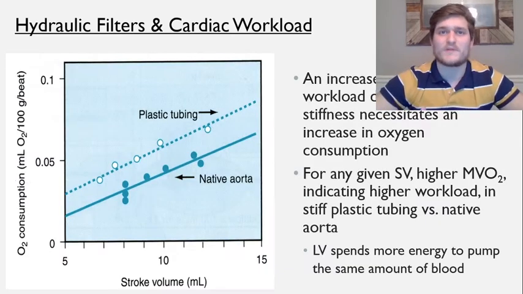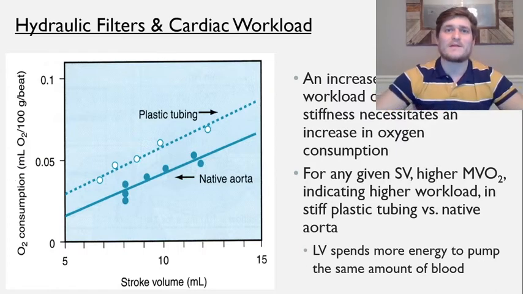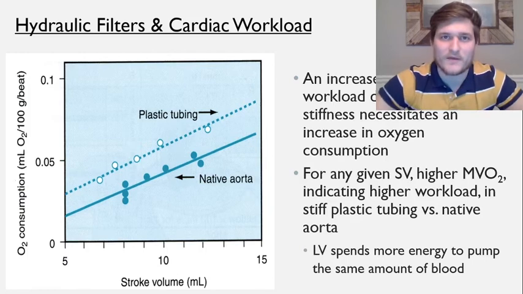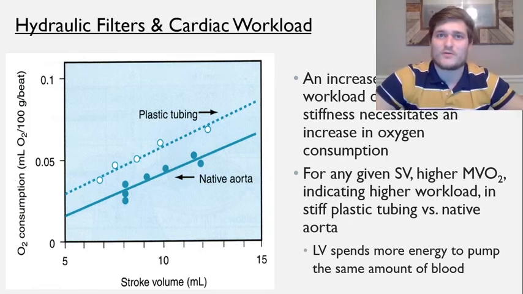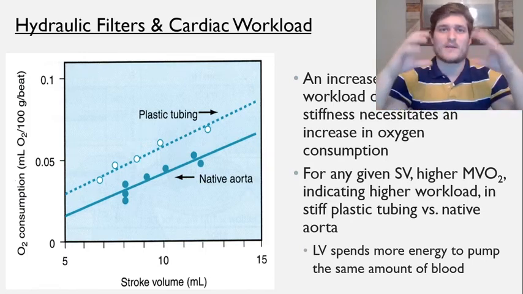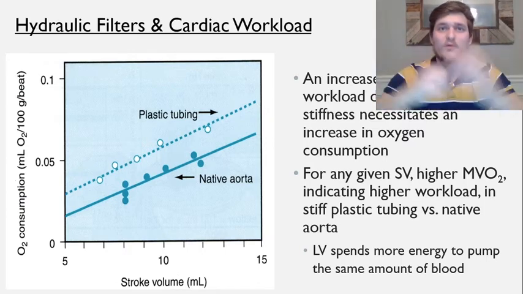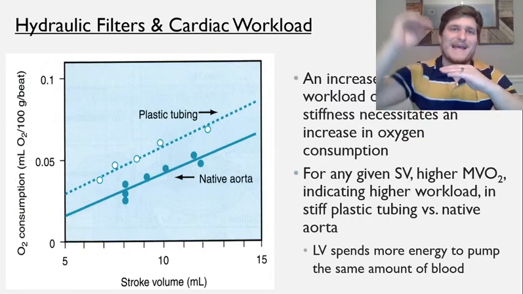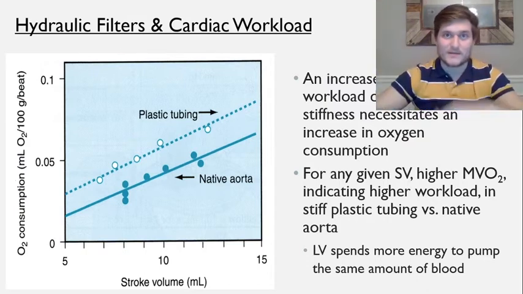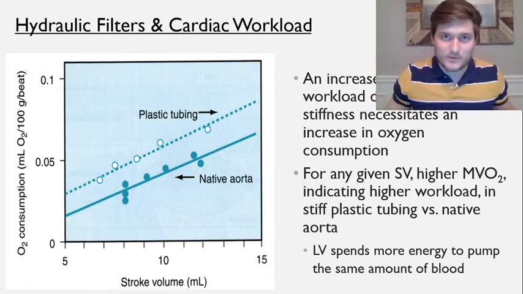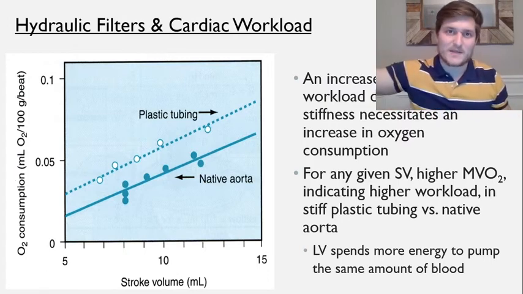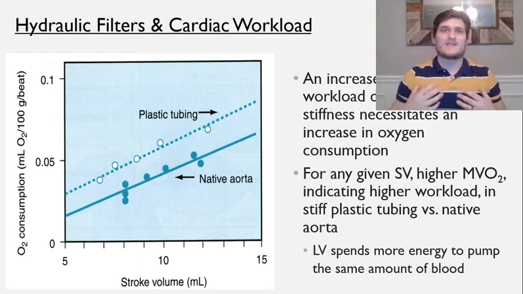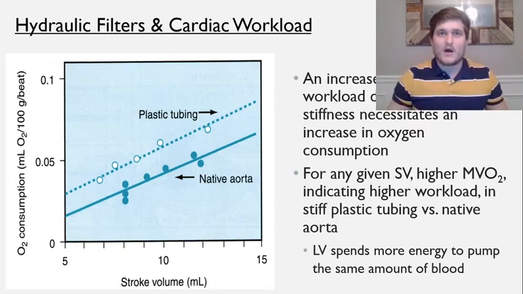So a problem with arterial stiffness is that the heart is working harder to produce the same amount of stroke volume. And therefore, if that left ventricle is working harder, if those cardiac muscles are working more, well, then you need to supply more oxygen in order to keep up with that increased energy demand. Just as you wouldn't like to go to a store and pay 50% more on something when you didn't need to, the body doesn't like to spend extra energy on its functions.